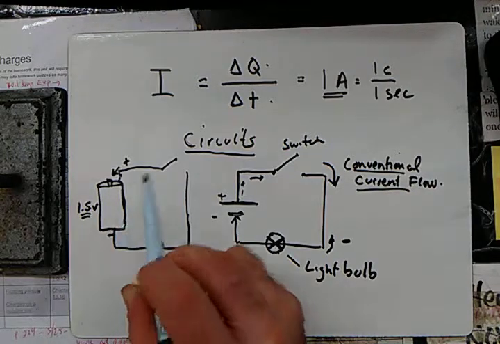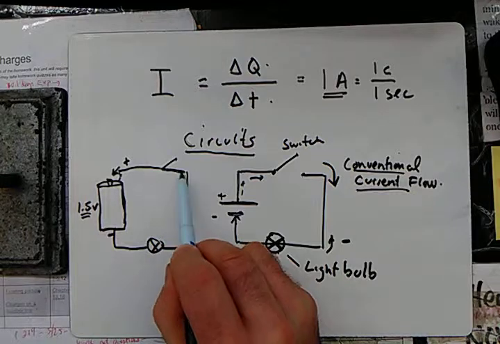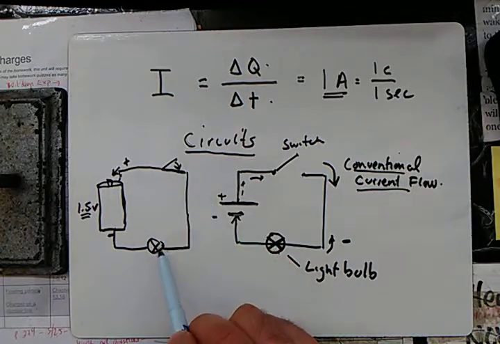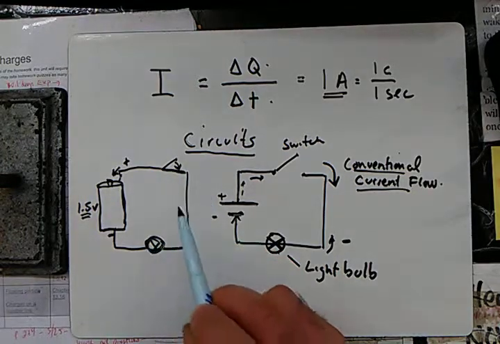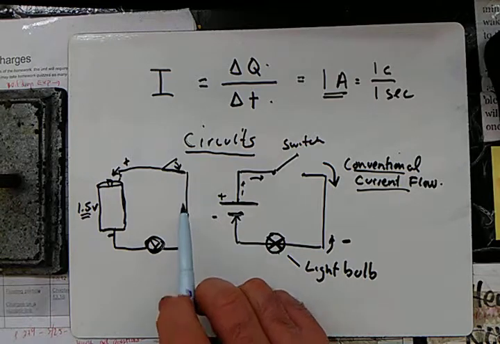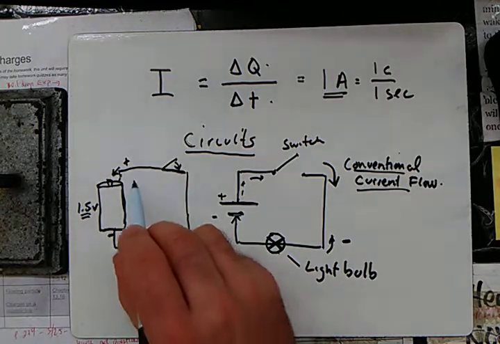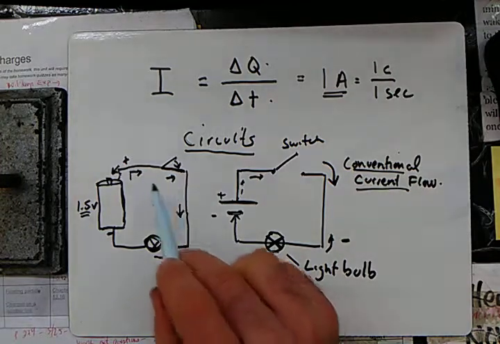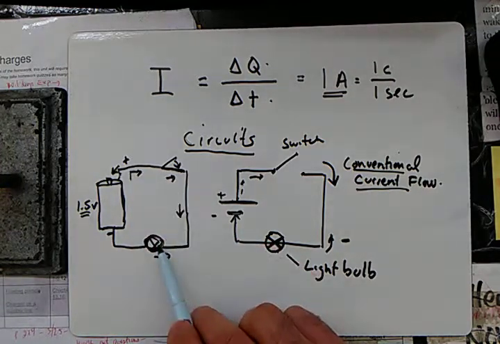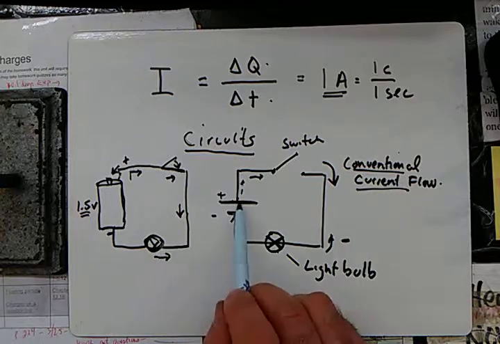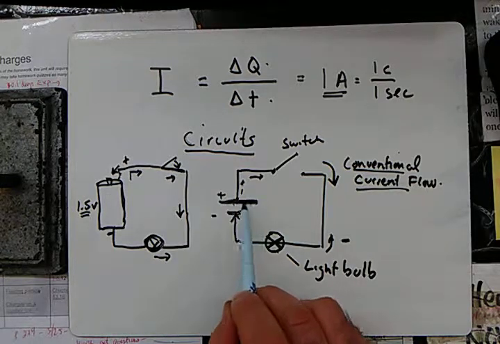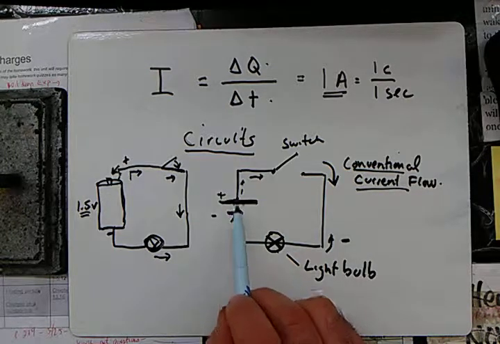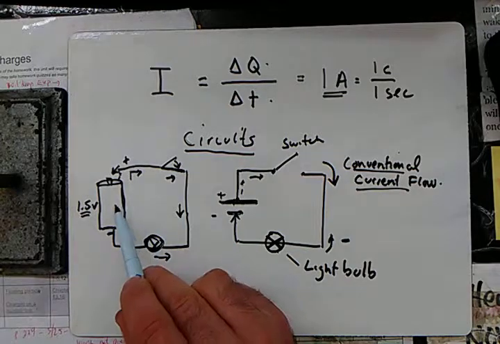As long as we make a connection here, if we close that switch, then the flow of electrons, we know, flows this way, but our current convention says it goes this way. We will light the light bulb. This can be achieved a couple different ways. We can get a power generator, a power source, or stick a battery here.